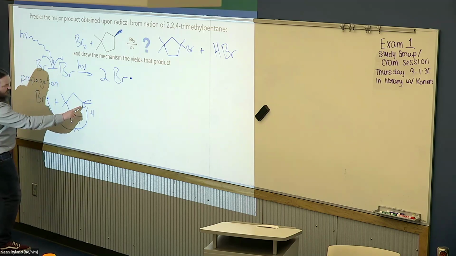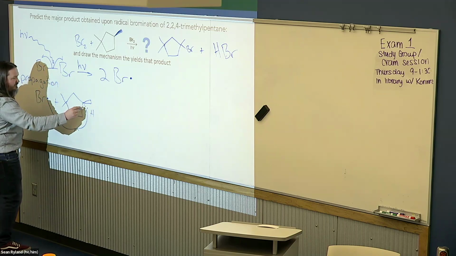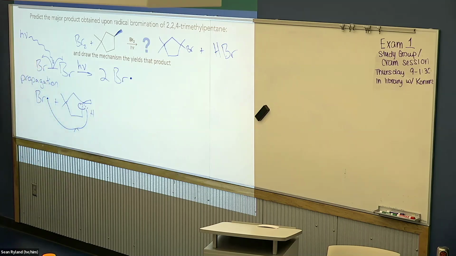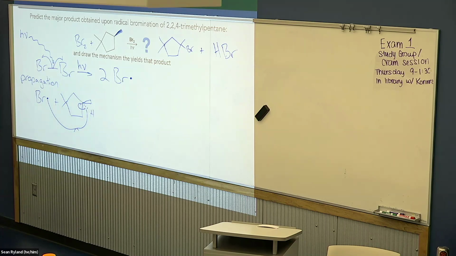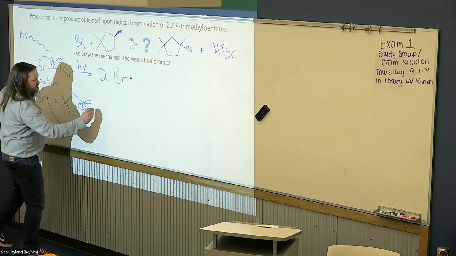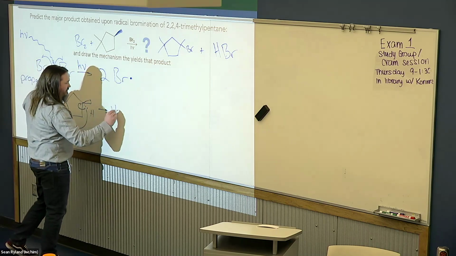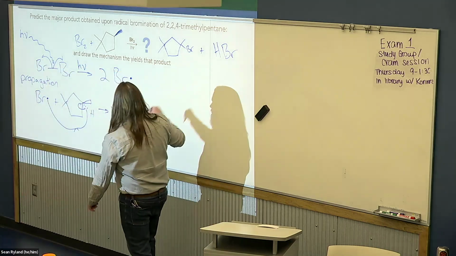It can be hard to make sure you give yourself enough space when you're trying to draw everything, so sometimes it can be helpful to just overemphasize that arrow, especially since you're not working with a whole whiteboard on your binder paper. So that gives us HBr, and then our radical intermediate, the one that we already drew over here.